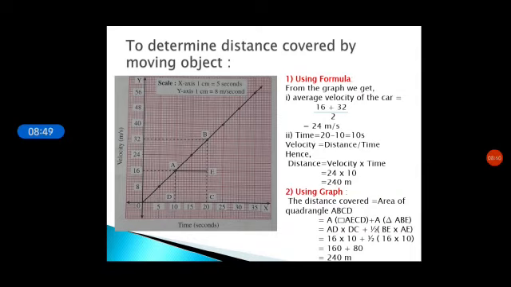After putting in the values, we get 16 into 10 plus half into (16 into 10), which is equal to 160 plus 80, and finally the area of quadrangle ABCD is equal to 240 meters, which is equal to the distance covered which we got from the formula. So we got the same value for distance using the formula as well as using the graph.